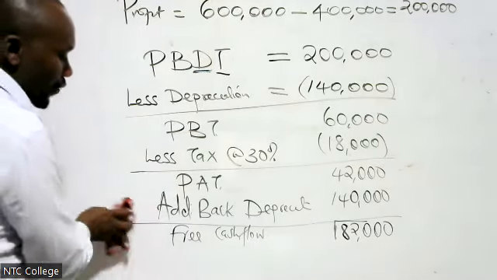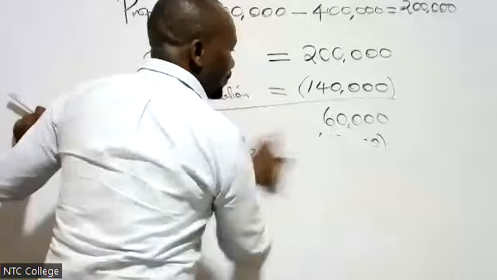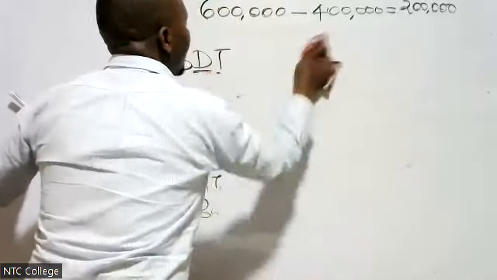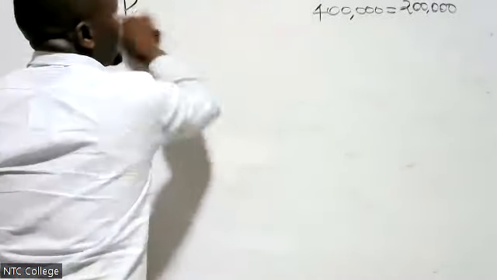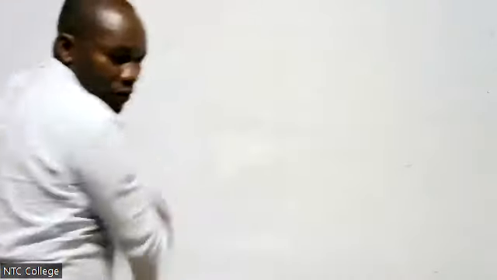So we have our cash flow for year one. That is the first year. So we are done with the first year cash flow, which has been given like that. So we can be able to calculate our NPV.